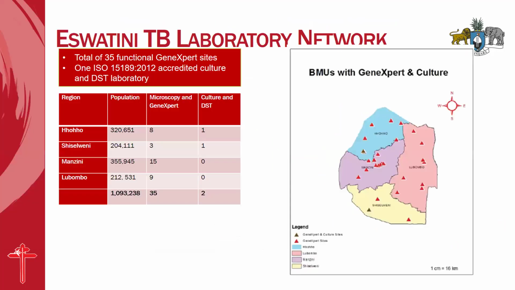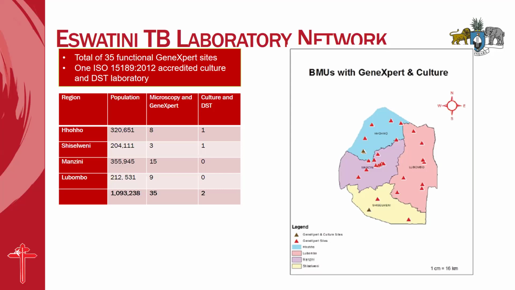So in Eswatini, the distribution of the cases, you can see that Eswatini has 4 regions: Hhohho, Shiselweni, Manzini and Lubombo. You can see from the regions that we have facilities which have microscope and GeneXpert.